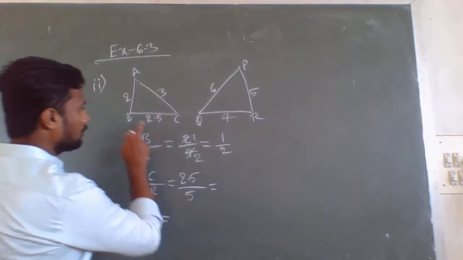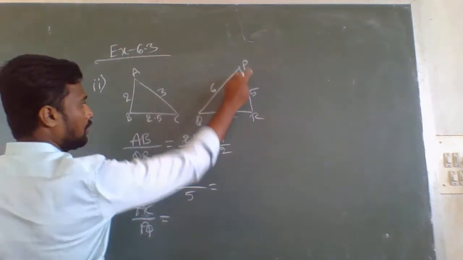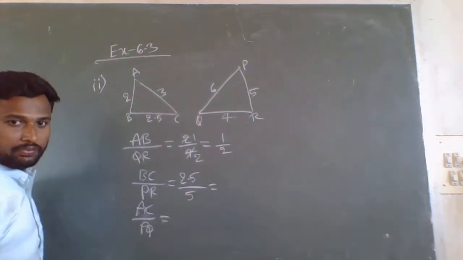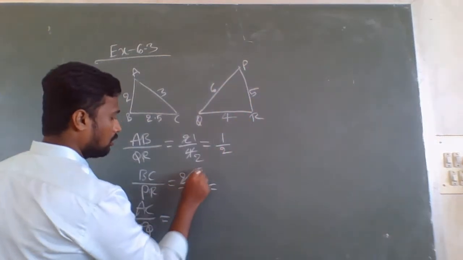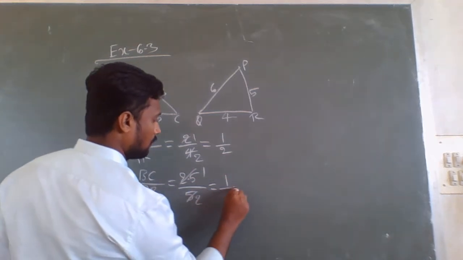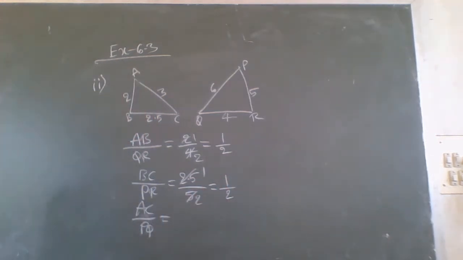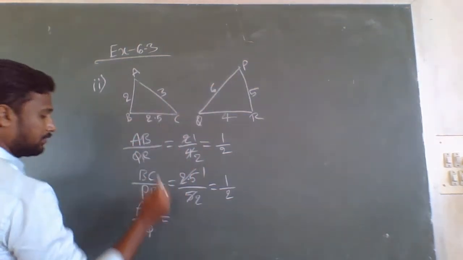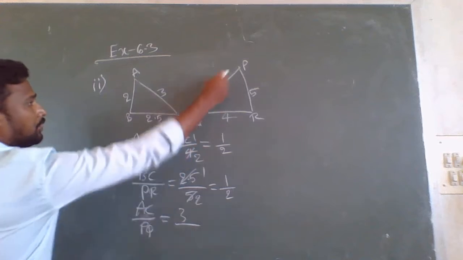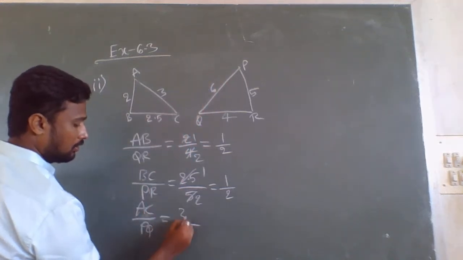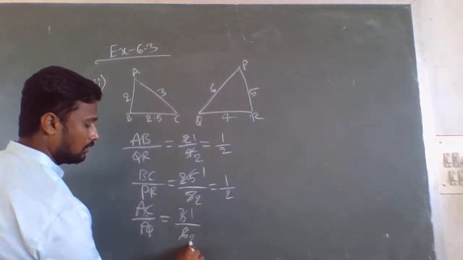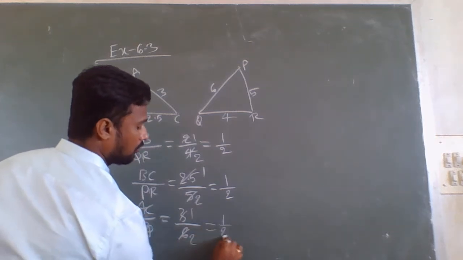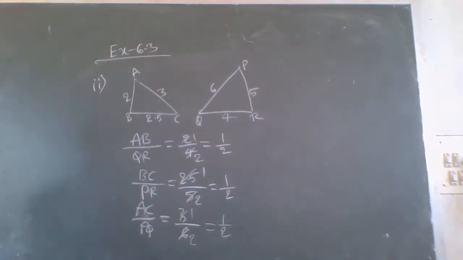BC by PR means 2.5 by 5, which is 1 by 2. Now AC by PQ. AC is of 3 centimeters and PQ is of 6 centimeters. Again we get 1 by 2 only. So here all the corresponding sides are proportional.